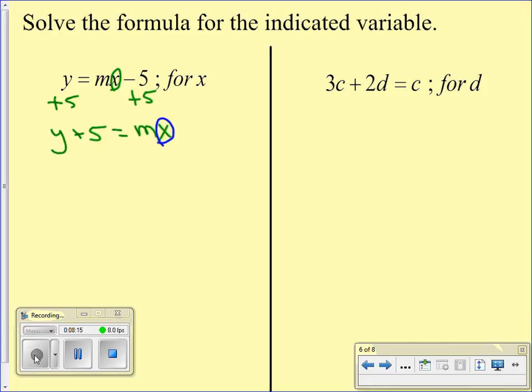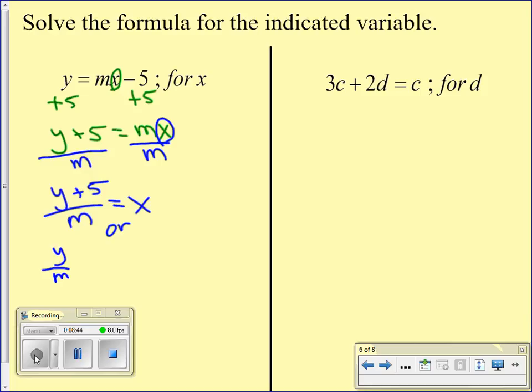Still trying to solve for x, so I don't want to touch it. So to isolate it, I'm going to divide by m on both sides. So my answer is y plus 5 over m equals x. Or I can rewrite it where each of the variables on the left would be divided by m.